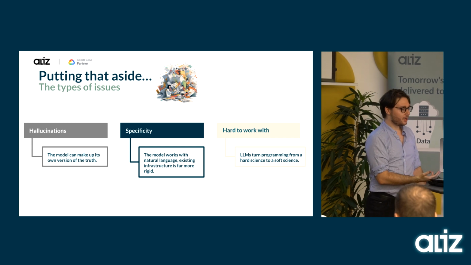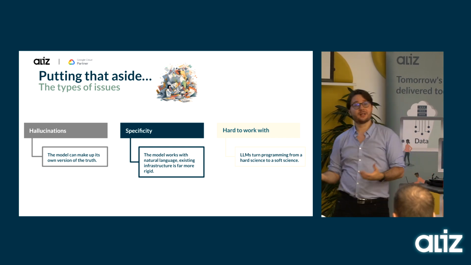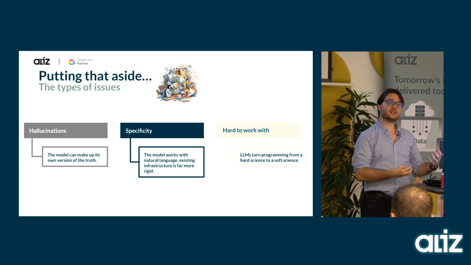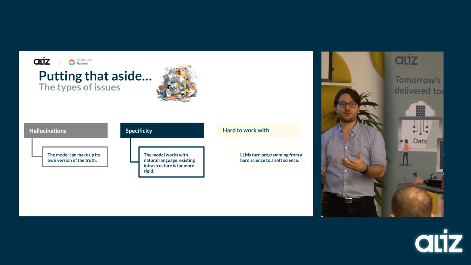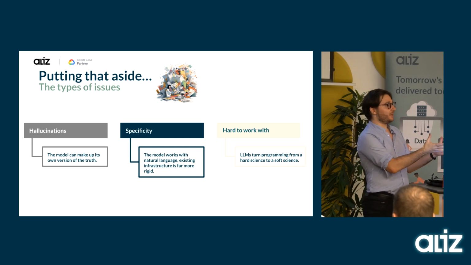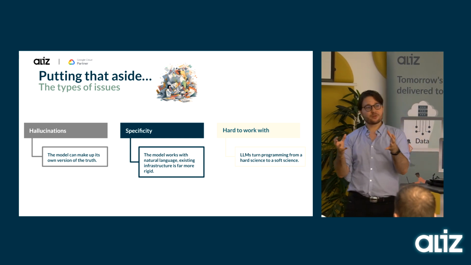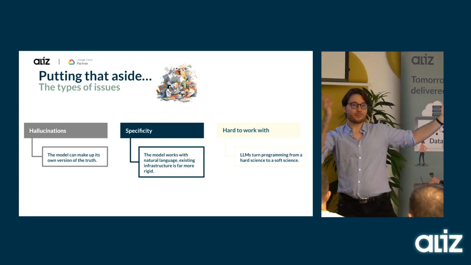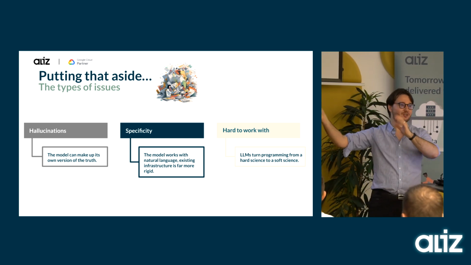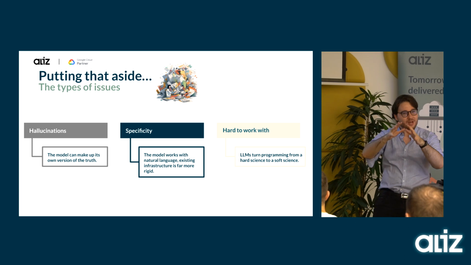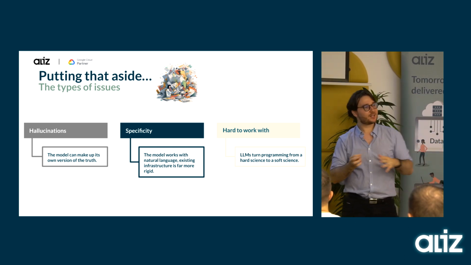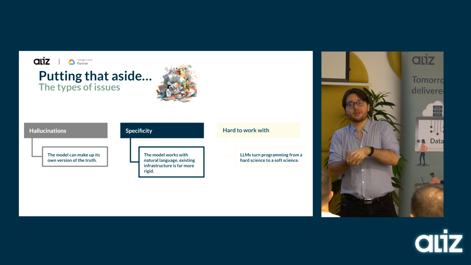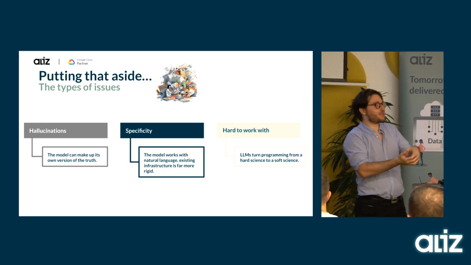Another issue is something that I've taken to calling specificity or hardness, which is that natural language in general is not a formally defined thing. Large language models have as their input natural language, which is just something, and their output is the same, just something. You can try to increase the likelihood of getting a structured answer, but at their core, these tools are not meant to provide specific answers.